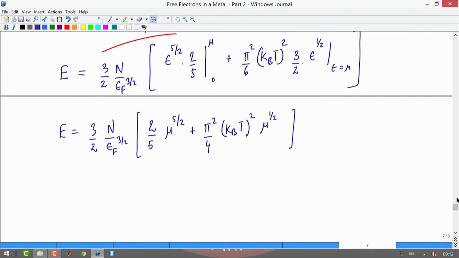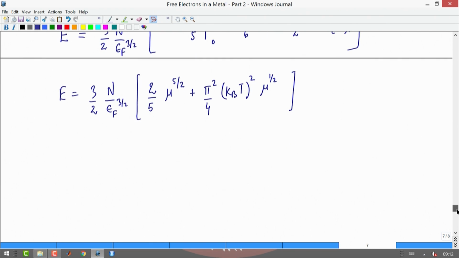Okay. Right. So, what you are now looking at is an expression of the internal energy of the Fermi gas as a function of temperature. So, one final hurdle before we derive the expression for heat capacity is to simplify this expression.